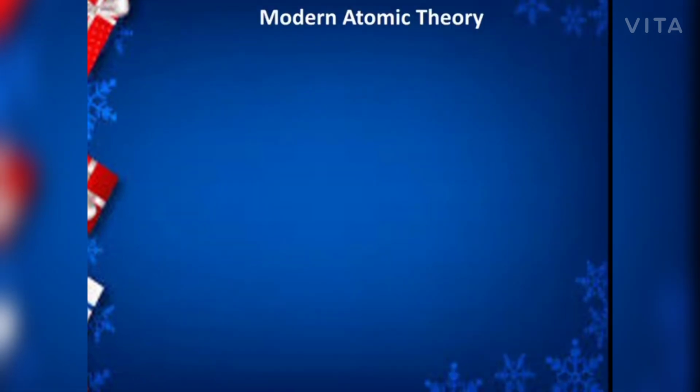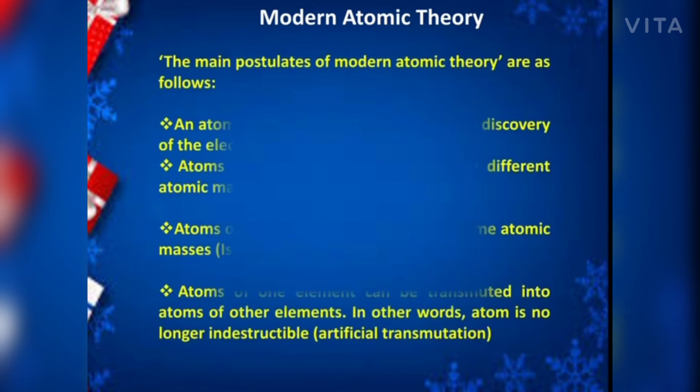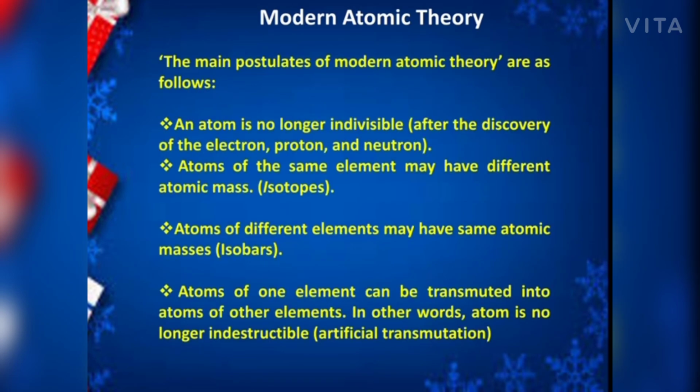Finally, scientists proposed the modern atomic theory. The main postulates of modern atomic theory are: an atom is no longer indivisible after the discovery of the electron, proton and neutron. These electrons, protons and neutrons are called subatomic particles.